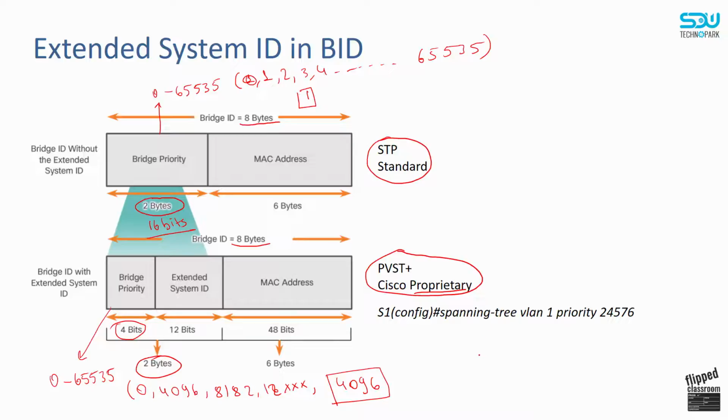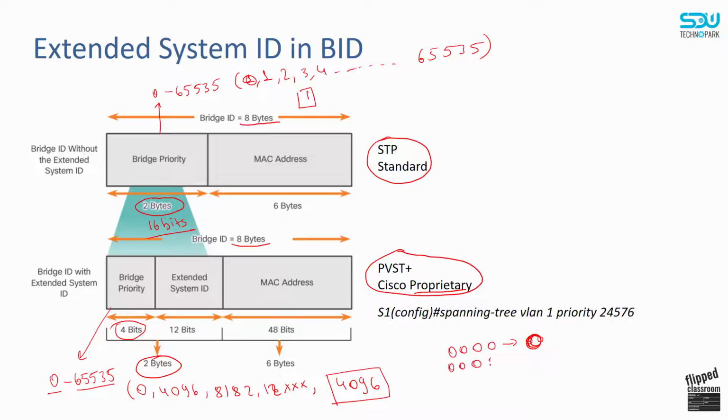And due to the fact that now our step is 4096, we have a smaller number of combinations. Starting from 0 up to this value, now we have just 16 combinations. So this is the first combination, defining just 0.